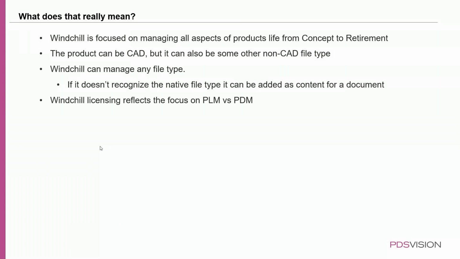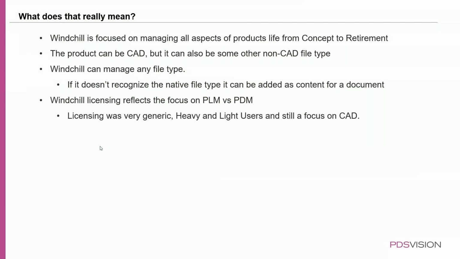Windchill licensing reflects the focus on PLM from PDM. Previously, when you were buying Windchill licenses, you were buying heavy and light licenses, and the main focus of that was CAD. Heavy users were your CAD users, light users were basically your non-CAD users. Inside of those licenses was the connection between Windchill and CAD.